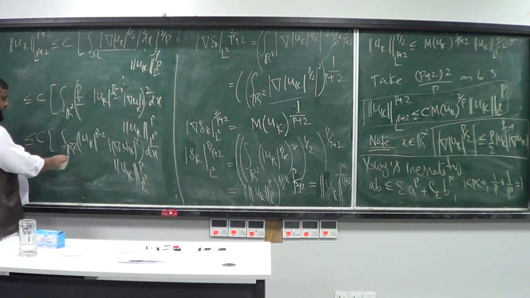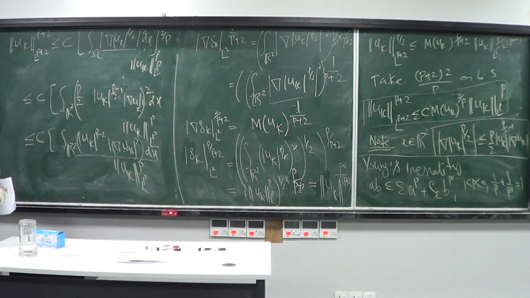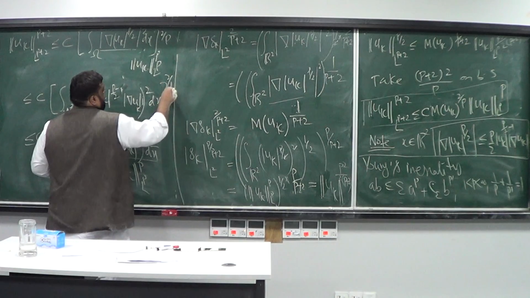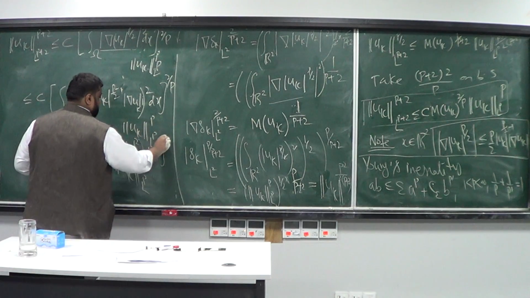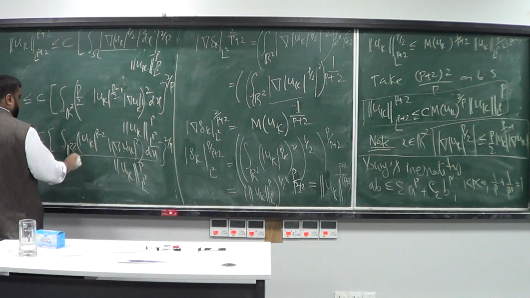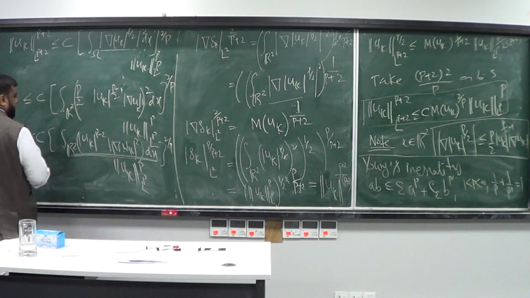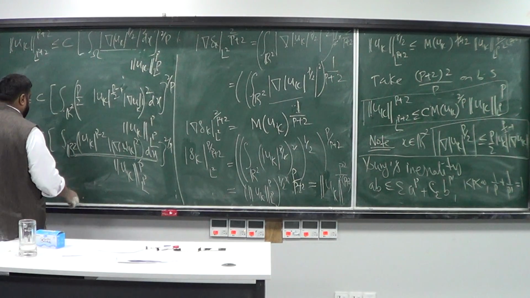Now if you carefully look, this is precisely the definition of the L^(2/p) norm. By the way, I must write this 2 over p everywhere. So there will be this 2 over p. So if you look at this guy inside, this is precisely the definition of N of u_k.